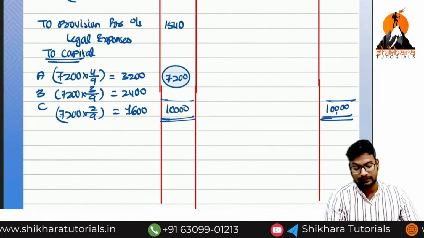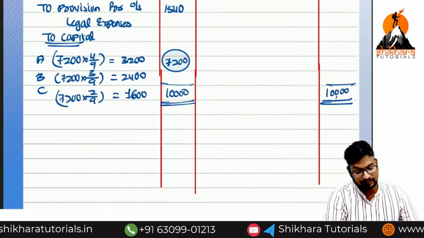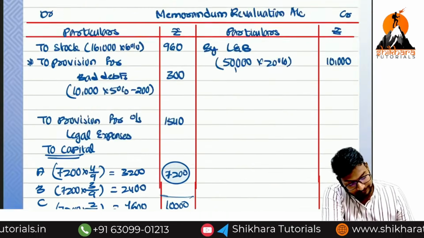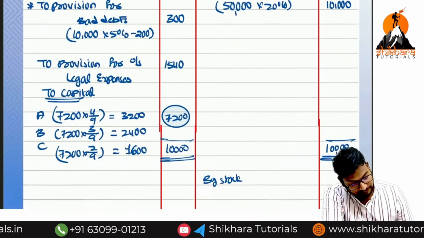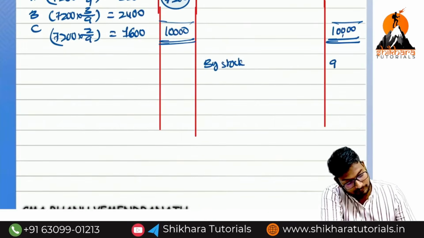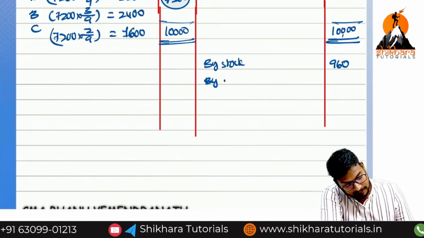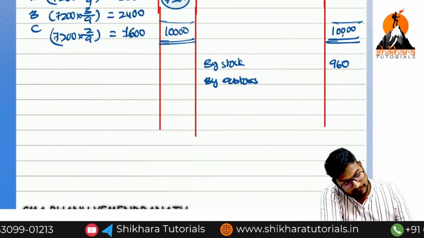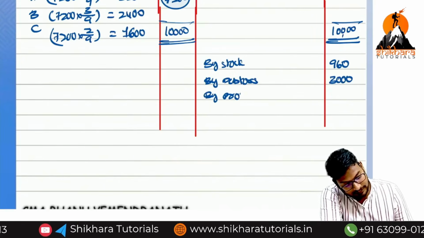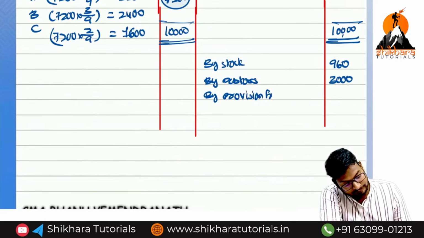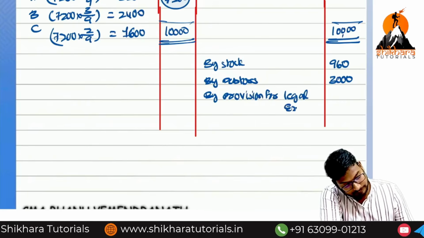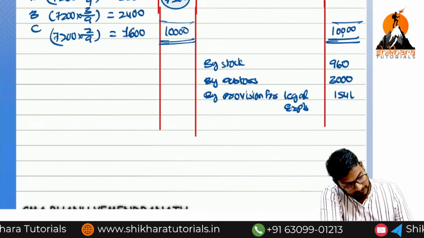So debit, credit, credit, debit. By stock, how much, Amma? 960. By debtors, 300. By provision for legal expenses, 1540.